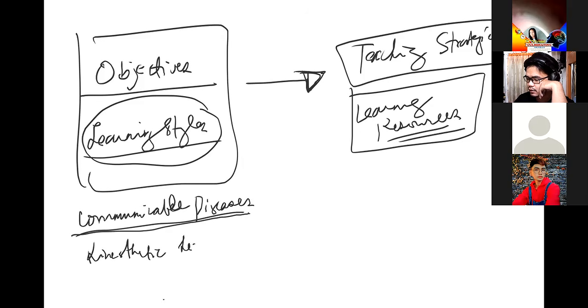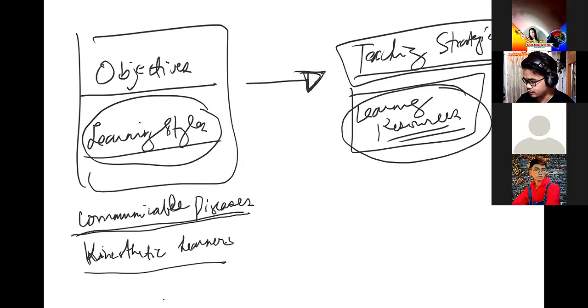According to multiple intelligence theory by Howard Gardner, meron tayong category na kinesthetic learners. Now, if they are kinesthetic learners, what teaching strategies should you use? And what learning resources should you use in order to teach communicable diseases? Okay?